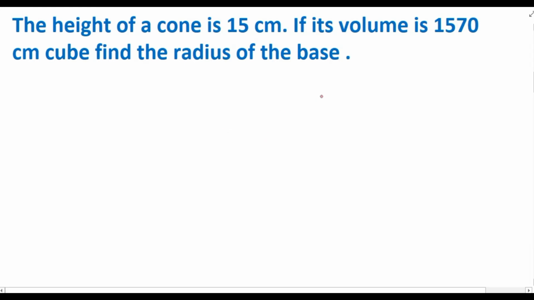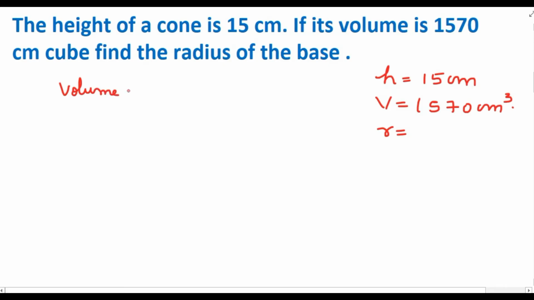The height of the cone is 15 centimeter and the volume of the cone is 1570 centimeter cube. We need to find the radius of the base. So we know the formula for the volume of a cone is 1/3 pi r square h.